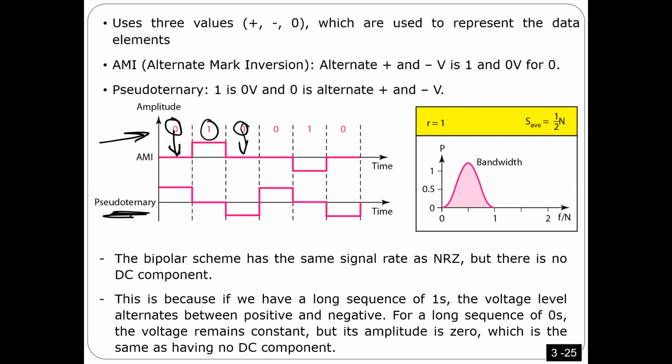Here we're going to do the opposite. 1 is going to be 0 volt. Always, if there is a 1, 0 volt. And 0 is going to make inversion. You got what I'm saying? So it's exactly everything the same, but in one 1 makes inversion, and in the other 0 makes inversion. Here 0 is going to be 0 volt, here 1 is going to be 0 volt. So it's exactly the same thing.